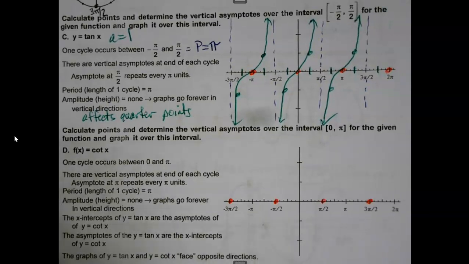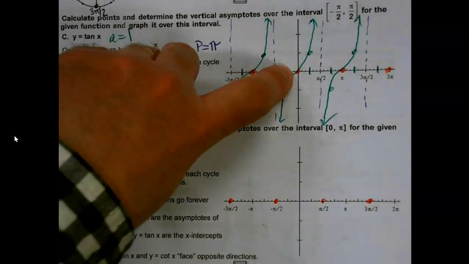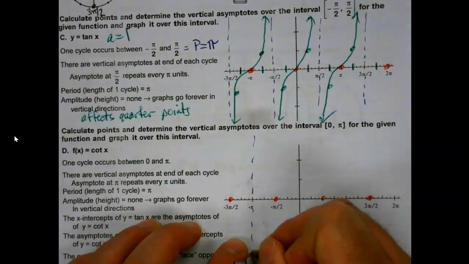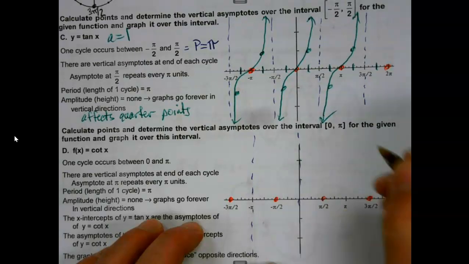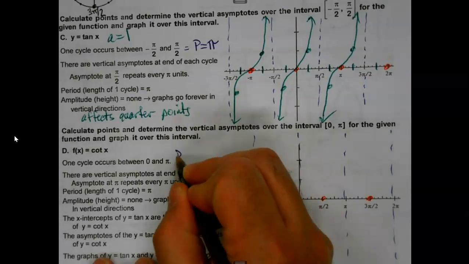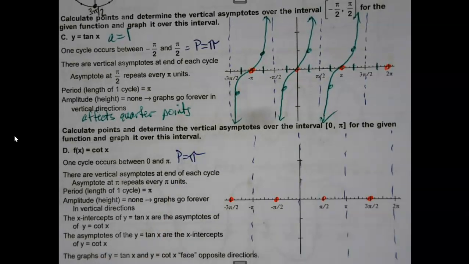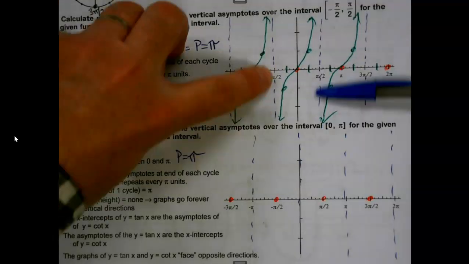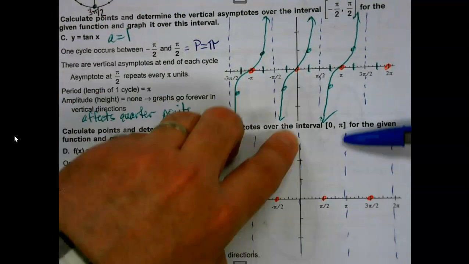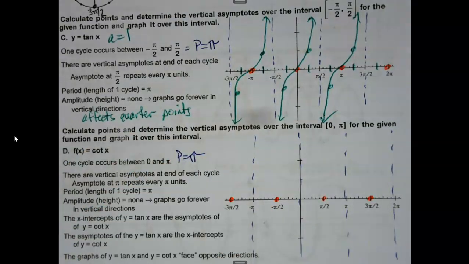And all the places where you were going through the x-axis before have now become your asymptotes. Period is the same. It's still pi. But that pi now, if you're looking at your base graph, instead of being between negative and positive pi over 2, is now between 0 and pi. It moved. It shifted a little bit.